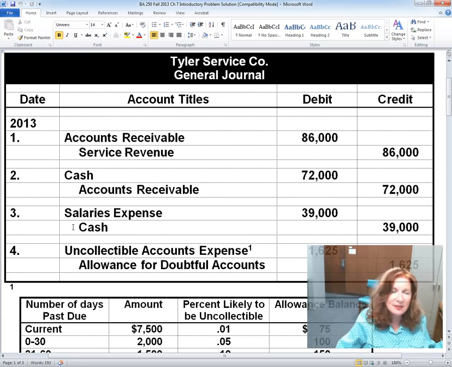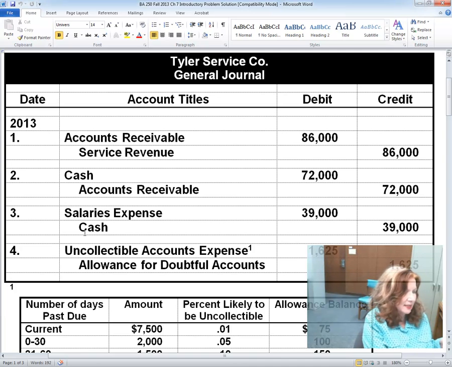So here is 7.7a, accounting for uncollectible accounts, percent of receivable allowance method. Tyler Service Company experienced the following transactions for 2013, its first year of operations. It provided $86,000 of services on account, meaning for credit on accounts receivable, collected $72,000 of cash from accounts receivable, and paid $39,000 of salary expense for the year.